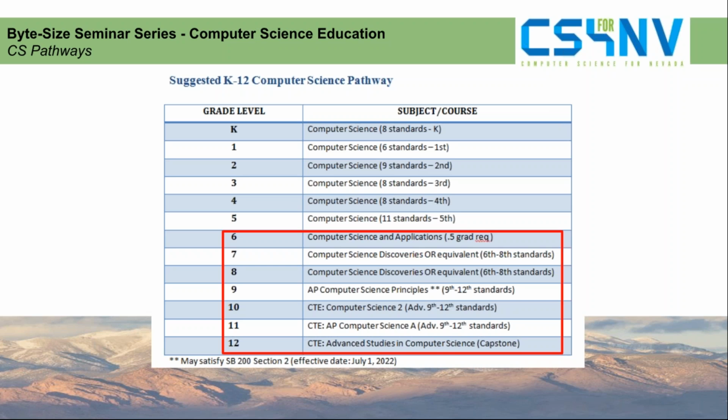Because right now the principles course is at the 2nd level, which as we've discussed today, is more of a foundational level course. So that's why it's going to be counted for the 1st level. So it is that CS for all component, but it is also that gateway entry into the CTE pathway for any students that want to continue on in that, but they don't have to. But yeah, that's kind of how this would look. Okay.